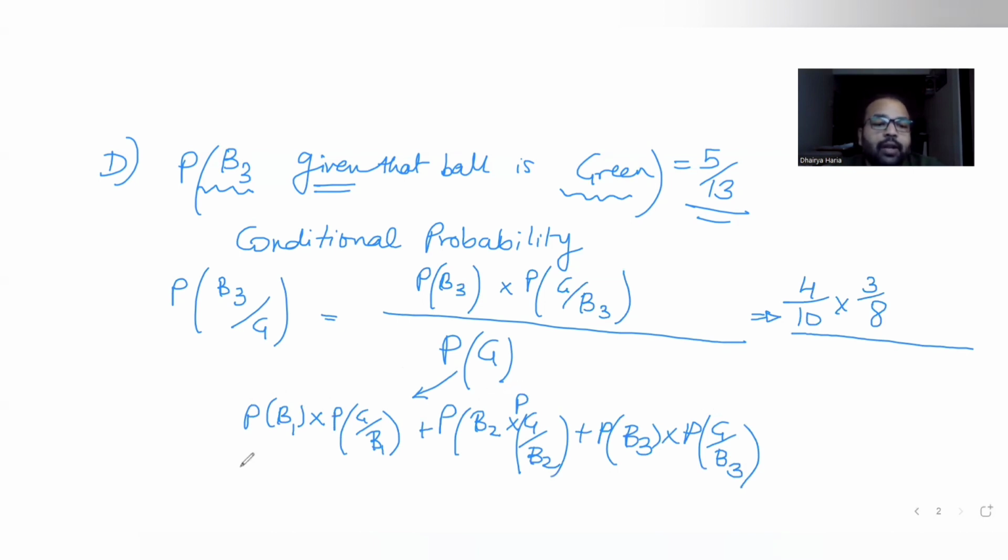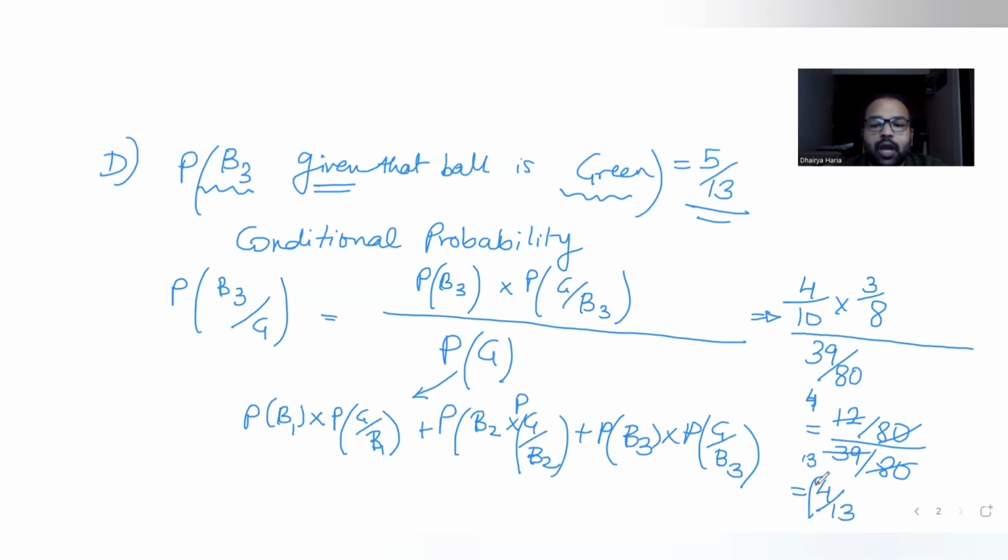We already calculated this in the third option, and we got that the probability that the chosen ball is green was 39 by 80. So further, if you solve this, it gives you 12 by 80 over 39 by 80. If I cancel the 80, I get 12 by 39. Dividing this by 3 again, 3 4s are 12, 3 13s are 39, so it becomes 4 by 13.